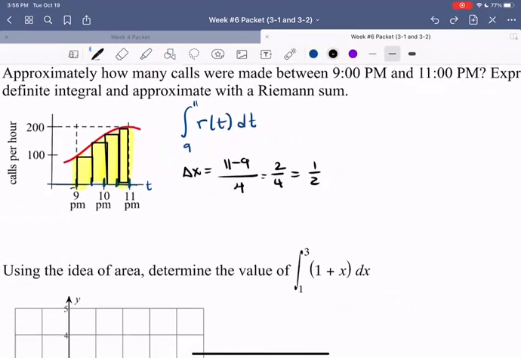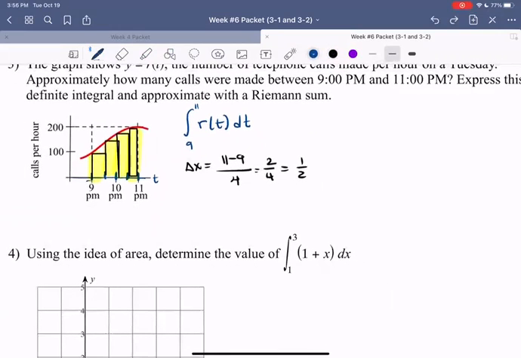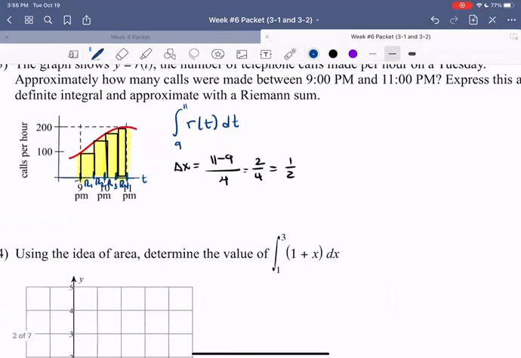So now let's go ahead and estimate the heights of our rectangles. I'm going to call this rectangle R1, R2, R3, R4. So we have our x's and our areas. So what would be the endpoints of each rectangle?